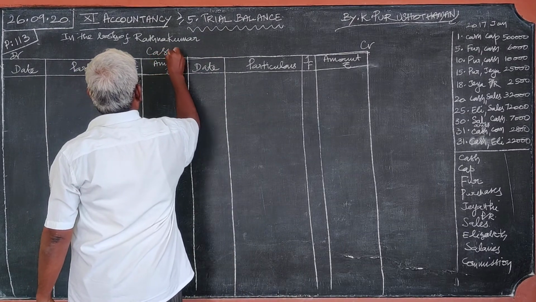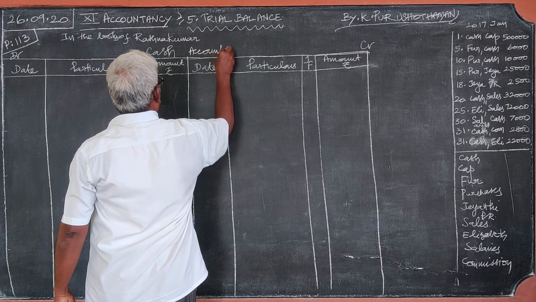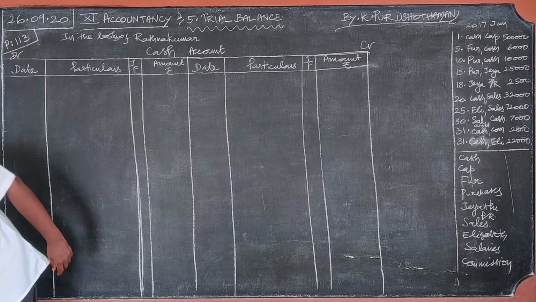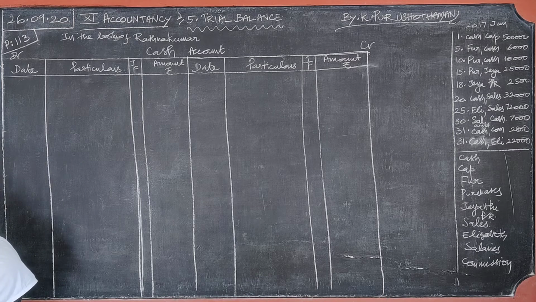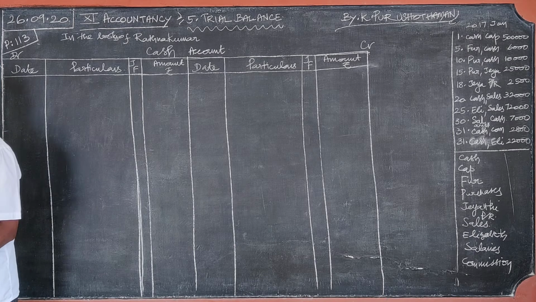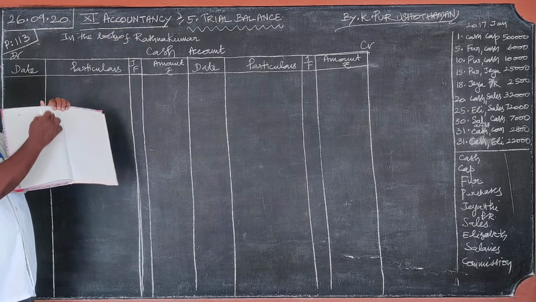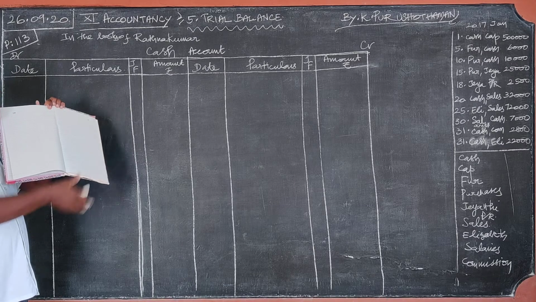You write at the center, cash account. I have shown you very many times how you should write the heading. In the notebook, here you should write cash, on the other side account.